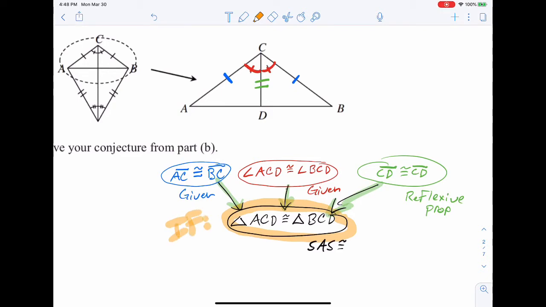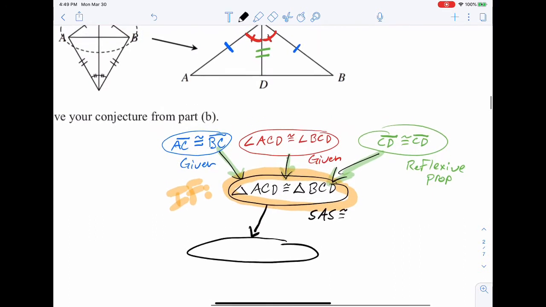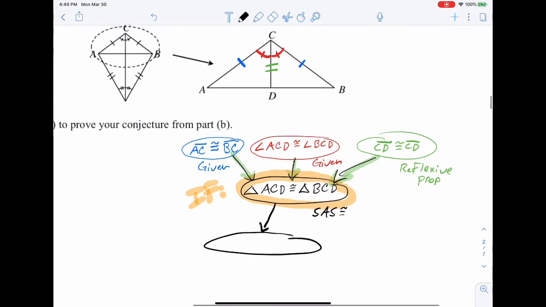So if the triangles are congruent, which we just proved, then what else can we say is true? Think about the two conjectures we made, and can you quickly prove either one of those is true because the triangles are congruent?